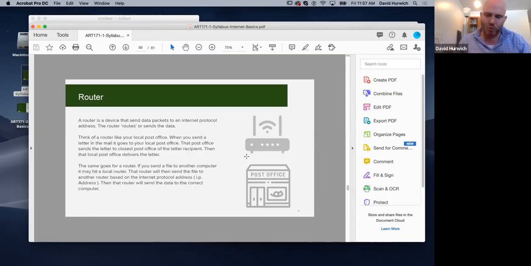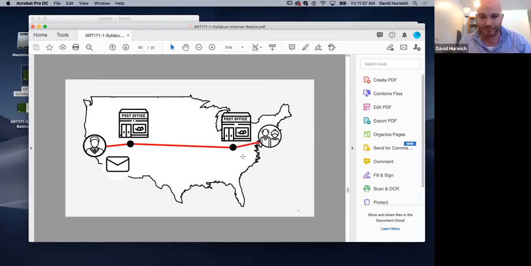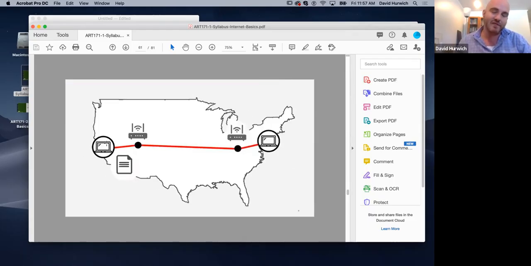The same idea applies with a router. The router's job is to send information. So for instance, if I'm trying to send a file from my computer here in California to a computer on the East Coast, it's going to use that Internet Protocol address we just talked about, and it needs to be able to get there.